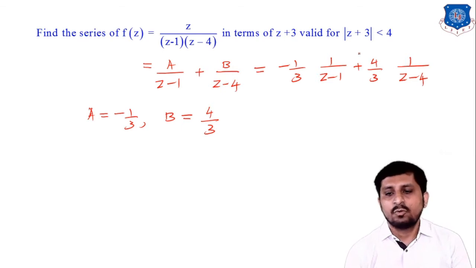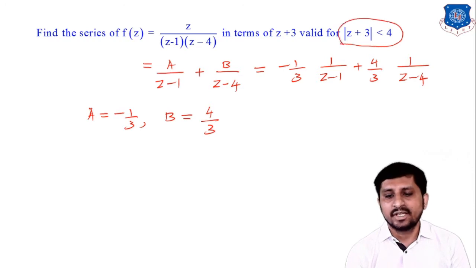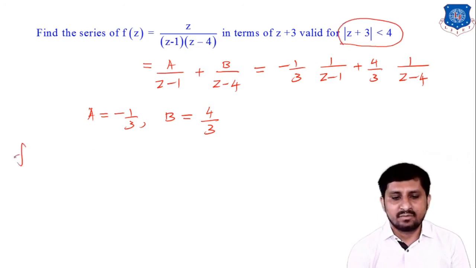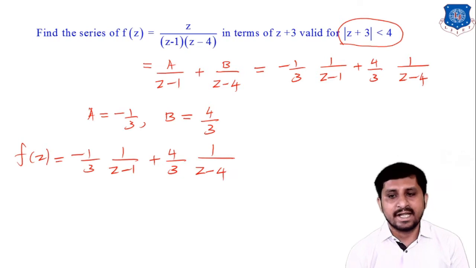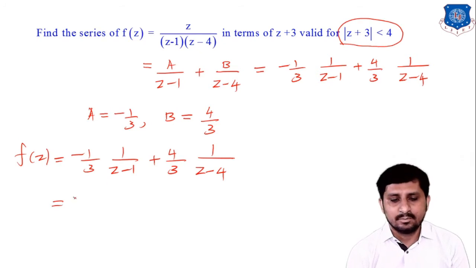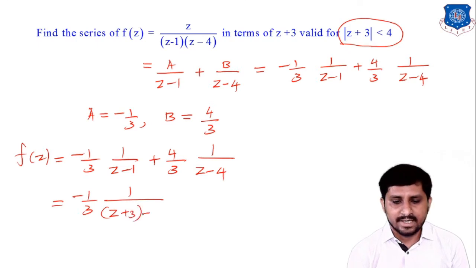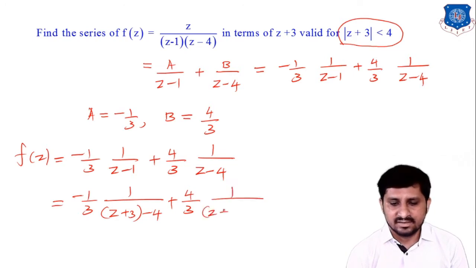Now I want to express this function in the form of z + 3. So I write f(z) once again: -1/3 times 1/(z - 1) + 4/3 times 1/(z - 4). Because I want to express it in terms of z + 3, this is -1/3 times 1/(z + 3 - 4) + 4/3 times 1/(z + 3 - 7).